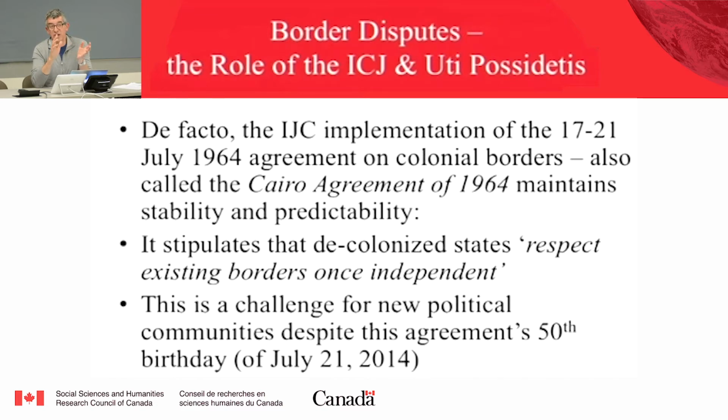So 50 years, and I don't know if that's enough, is something that obviously we should think about more critically. This is why I say this is a challenge for new political communities, despite the agreement's 50th birthday, because 2014 is 50 years since the Cairo Agreement, but the International Court of Justice still imposes this.